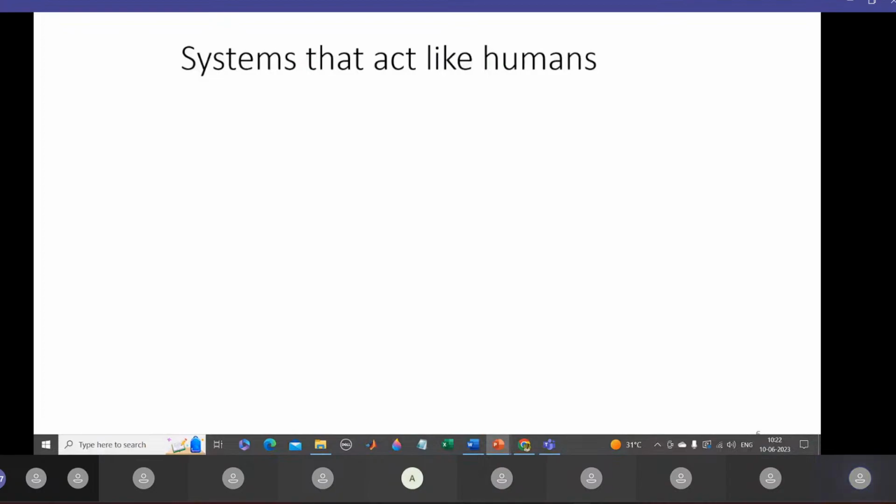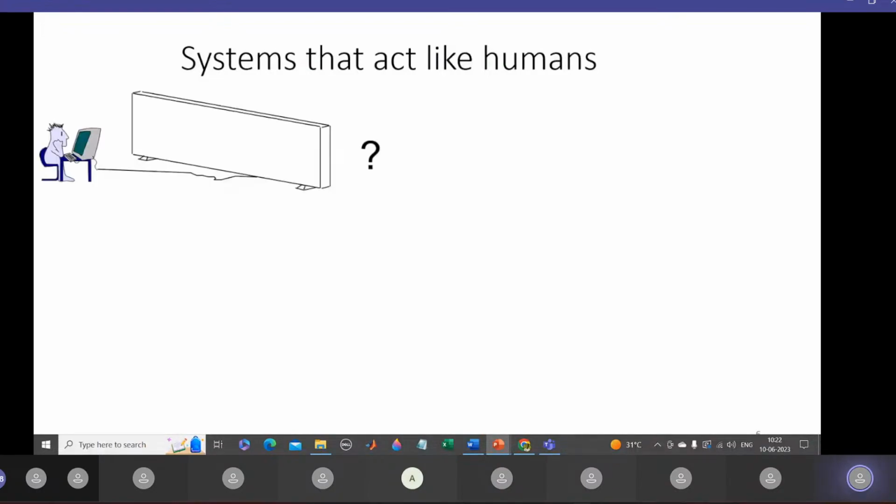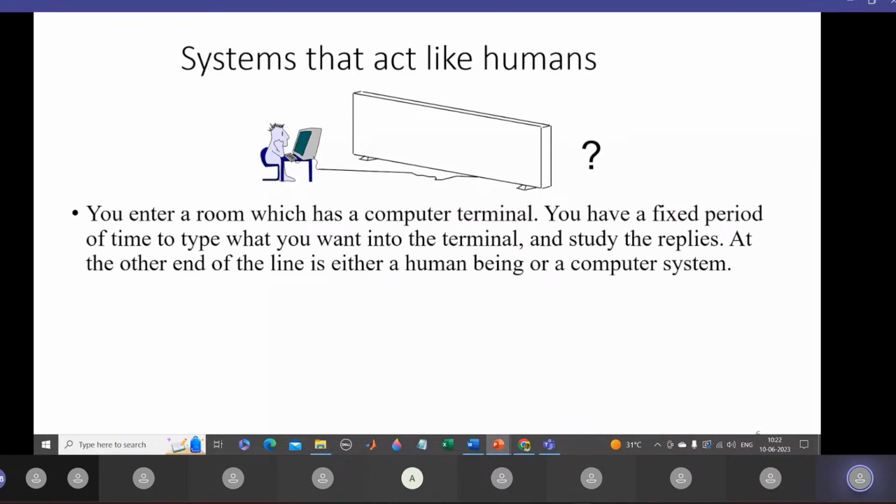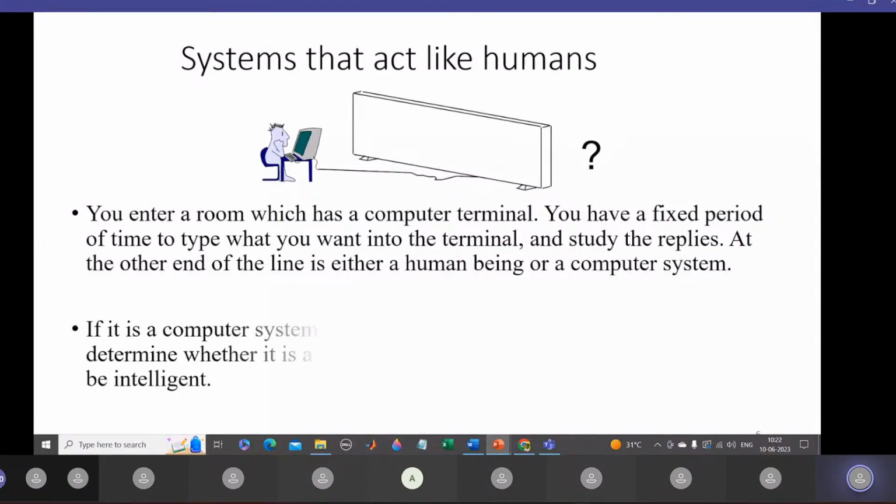Now we'll look into systems that act like humans. For this, we have the Turing test. You enter a room with a computer terminal and have a fixed period of time. You type whatever you want into the terminal and study the reply. At the other end, it can be either a human being or a computer system.